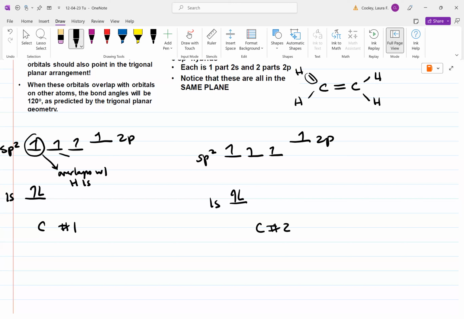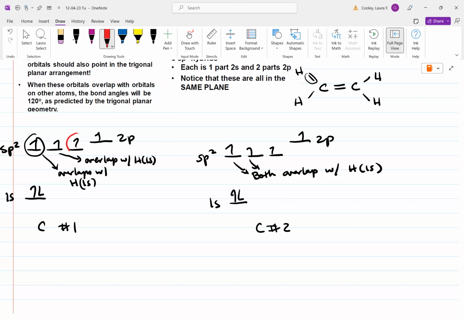And 2 of these will overlap with hydrogen 1s. Okay, and the same is true here. So both of these overlap with hydrogen 1s, as is necessary from the Lewis structure.